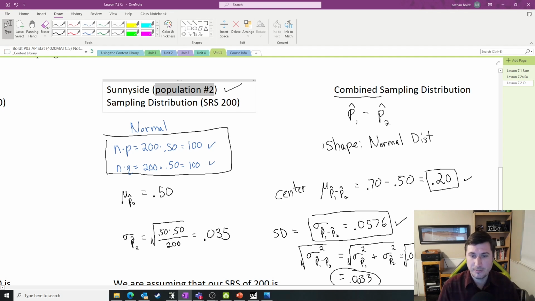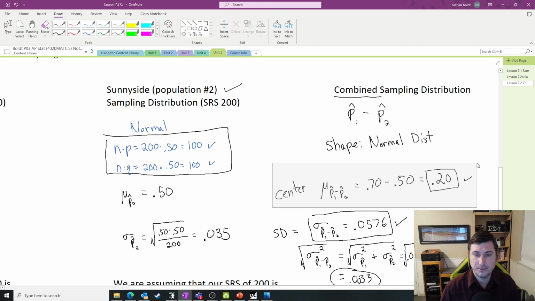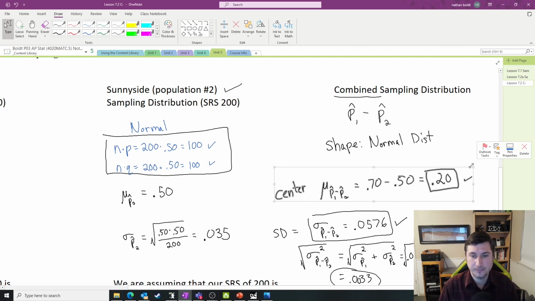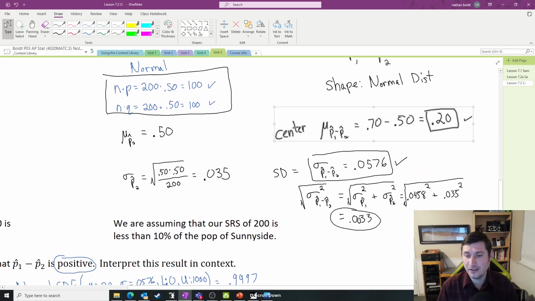You've got the shape. The center, you can simply subtract P1 minus P2. And then the calculation for standard deviation is a bit tedious. You've got to find the variance, square the standard deviations to find the variance, add the variances, then you can square root to go back to the standard deviation. All right, that's your pretty brutal calculation for today.